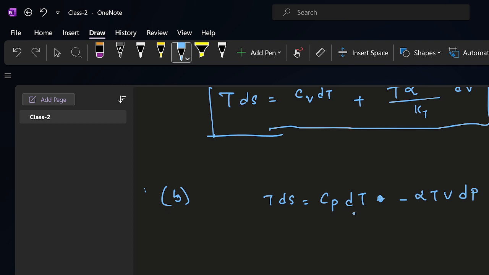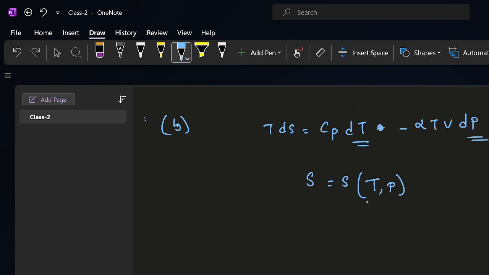The trick is the same: you look at the integrands, which are dt and dP. So basically you have to express your entropy in terms of T and P. Previously, in problem number a, you had taken entropy as a function of T and V, but equivalently you can take entropy as a function of T and P, because that is what the integrands tell you in this proof.